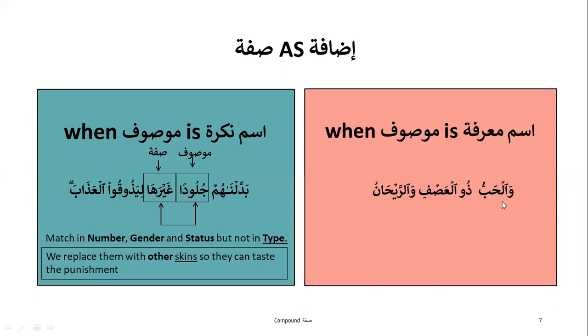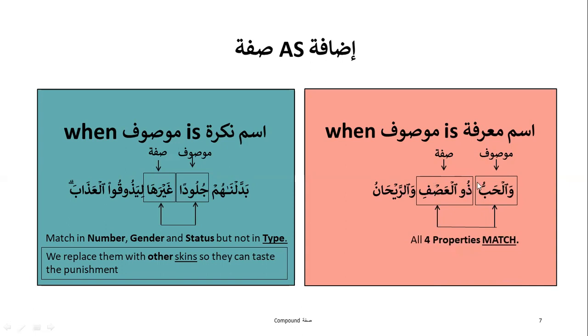Wal habbu zul asfi wal rayhan. I believe it's in Surah Rahman. So if you see your mawsuf is al habbu, which is proper, and zul asfi is your sifa, which is an idafa, and you can see that all four properties are matching.